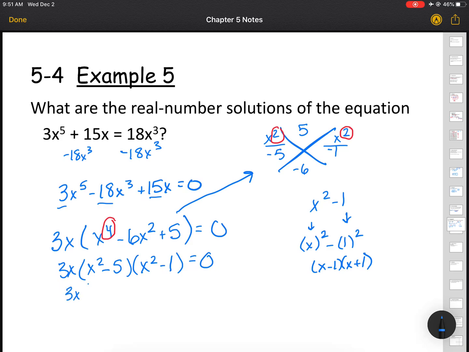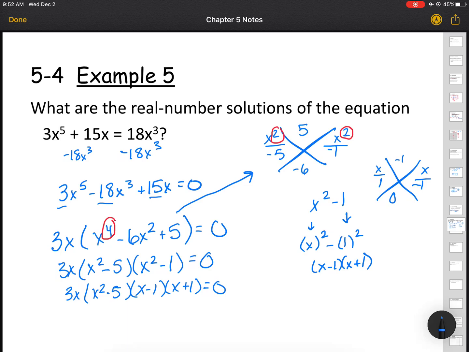So I'm left with 3x, x squared minus 5, x minus 1, and x plus 1 equals 0. And again, you could have done the x method on that and got negative 1 and positive 1. Okay, and we need 1 minus 1 to be 0, and the x is on top, so x plus 1 and x minus 1. But that was a difference of squares there that we pulled out of that.